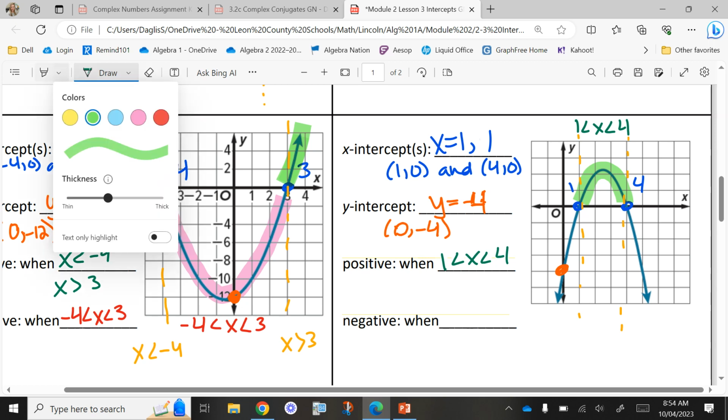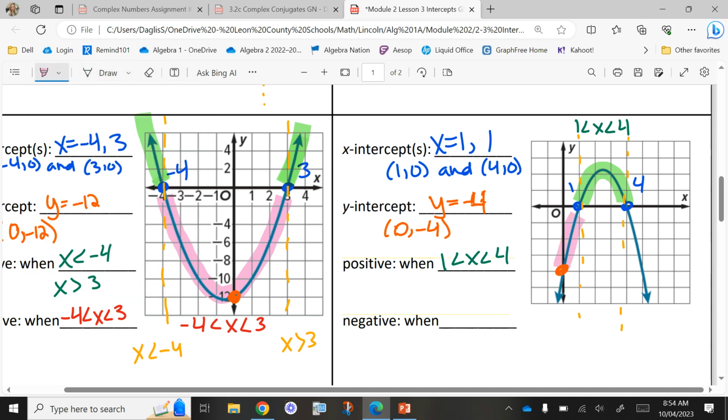All right, and we're going to be negative. Looks like I have two pieces now. We have two pieces that have negative y values. So it looks like this is to the left of which x-intercept? The 1 or the 4? The 1. And my other negative piece is to the right. I'm going to point to the right of what x value? 1 or 4? 4, thank you.